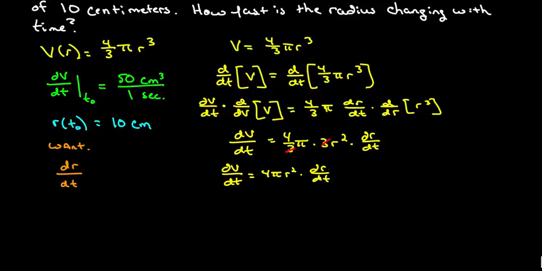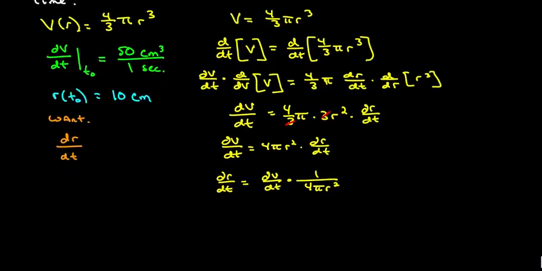This is the guy I want to know, so let's solve for it. So dr/dt should be equal to dV/dt times 1 over 4 pi r squared, just like that.